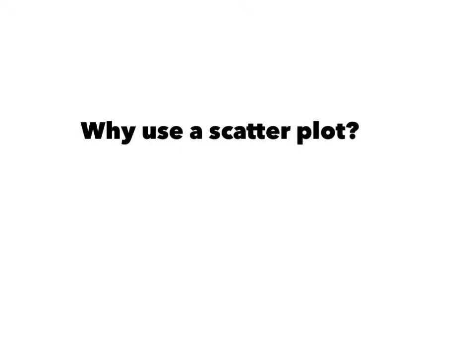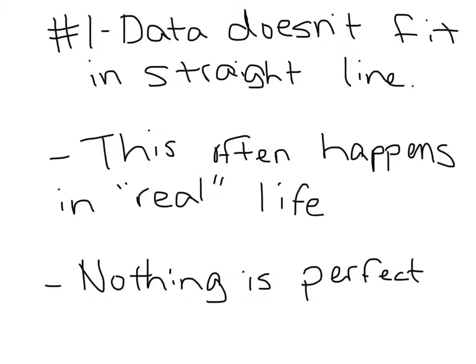Why do we use scatter plots? Well, scatter plots, as I said before, are usually used to show the data from experiments or research. Experiments and research show us true life, okay? It's not perfect. Real life is not perfect. So it's not going to fall in a straight, exact line every time.